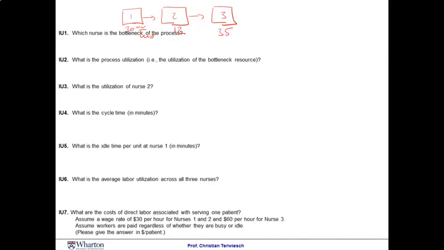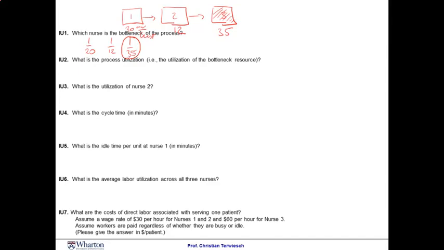So where is the bottleneck? To find the bottleneck, we have to look for the resource with the smallest capacity. That would be 1 over 20, 1 over 12, and 1 over 35. And so we see that the third step is going to be the bottleneck.